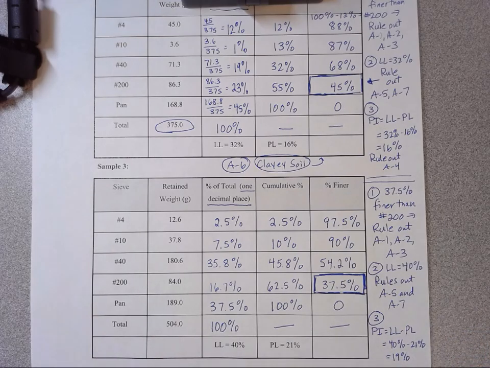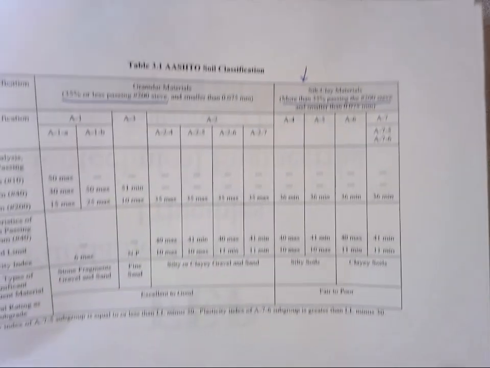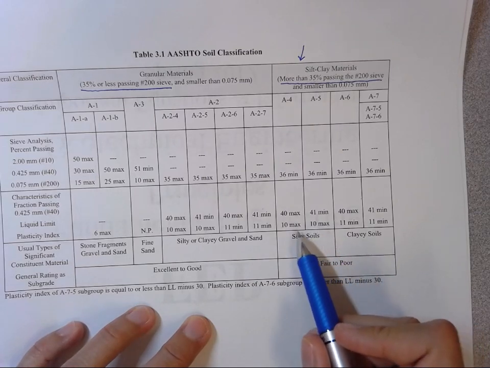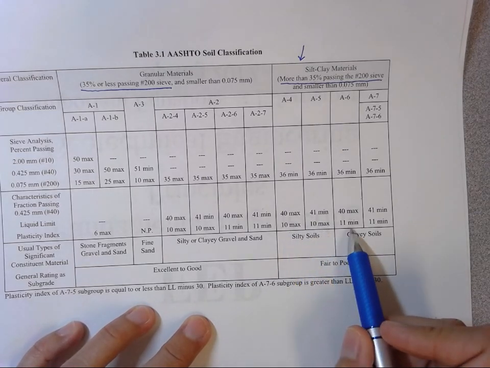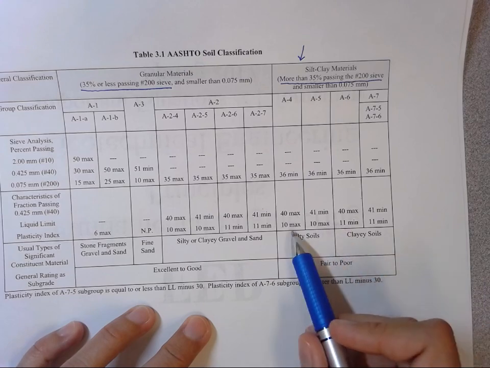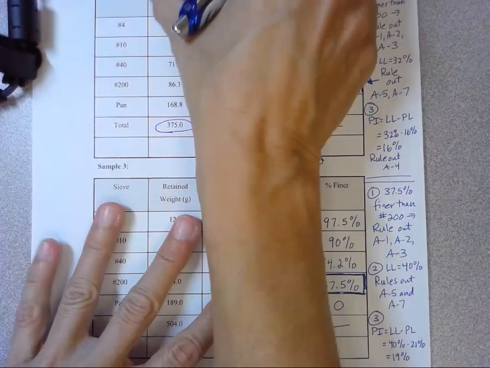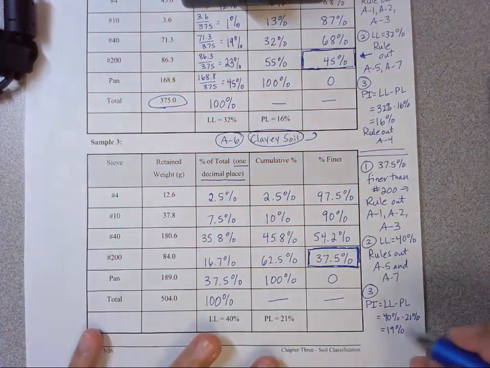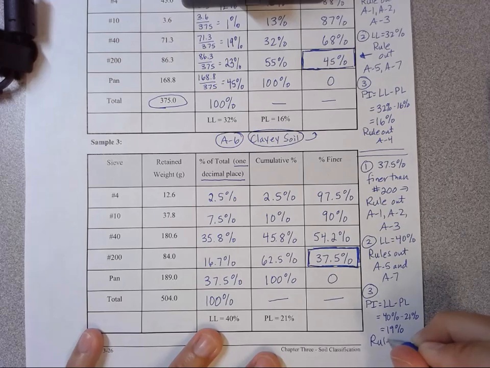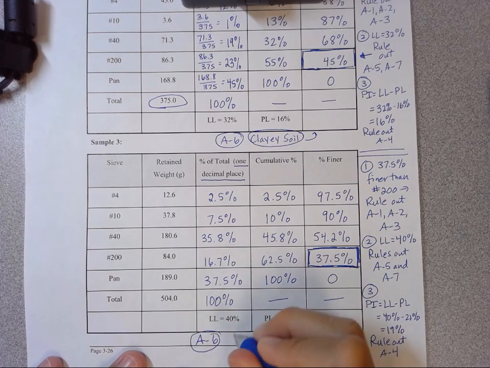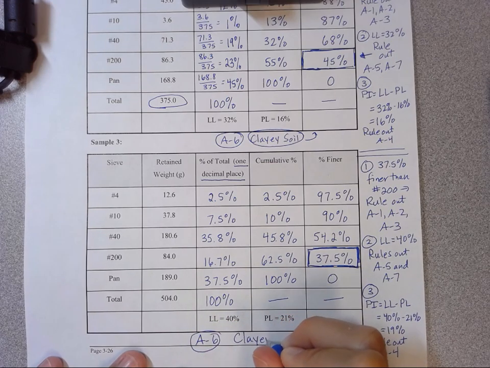And I'll take a look at my plasticity index on here. 19%, is it A4 or A6? Well, A4 can only be 10 max, and I'm at 19, so it's got to be A6 again. This is going to rule out the A4, and that's going to leave me with A6 for this sample as well, clay soil.